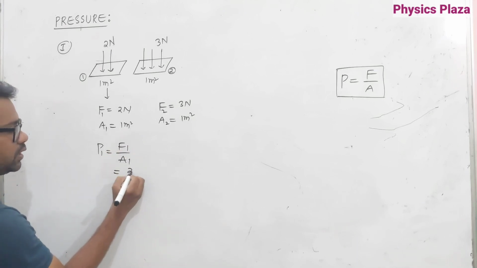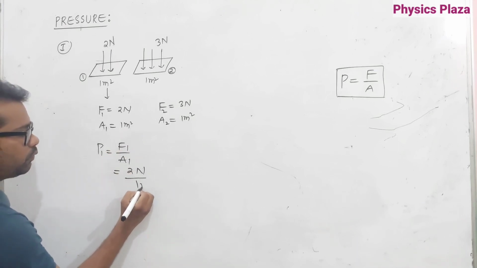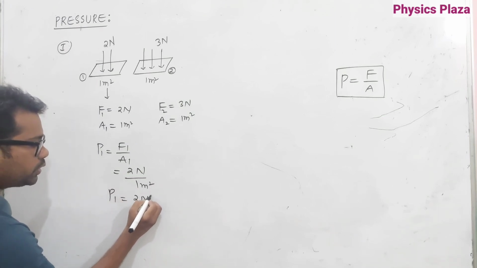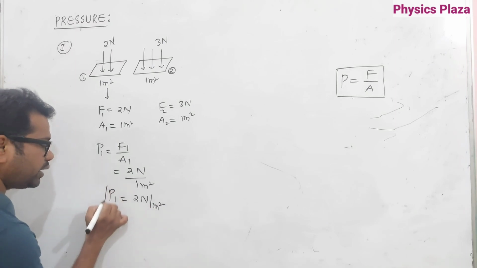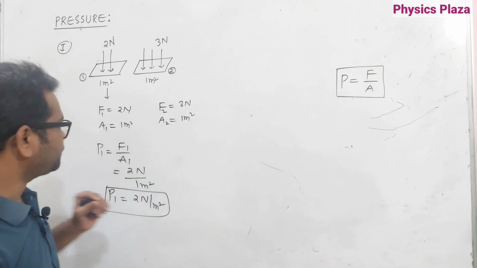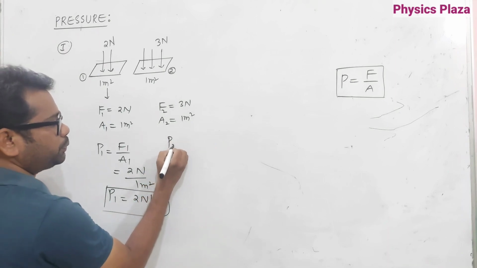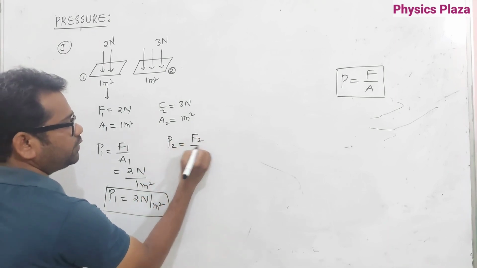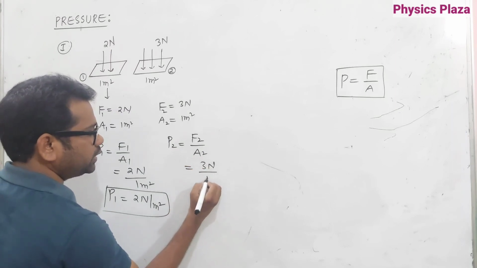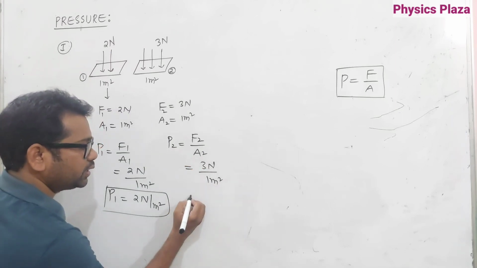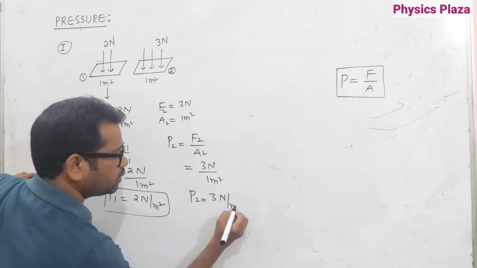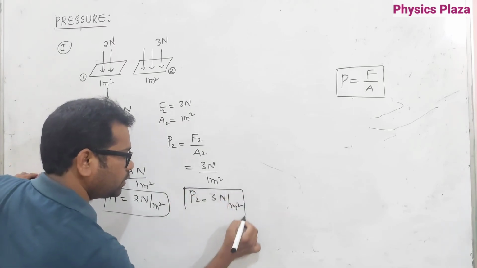So this is 2 Newton per 1 meter square, so P1 is equal to 2 Newton per meter square. Now come to the second case. Here P2 is equal to F2 by A2. Let us substitute 3 Newton and 1 meter square. Then P2 is equal to 3 Newton per meter square.